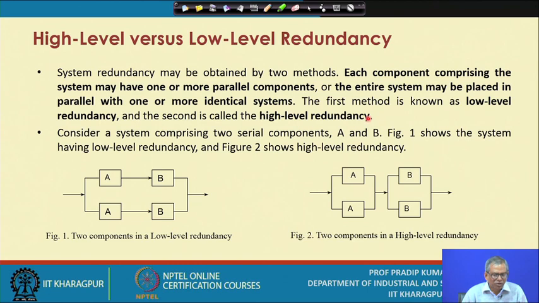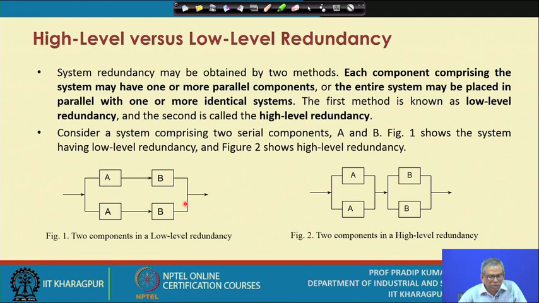Now, consider a system comprising two serial components A and B. This is component A, this is component B. Initially you have this series system.